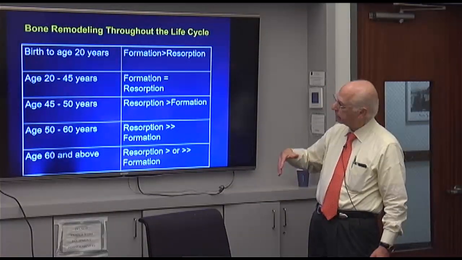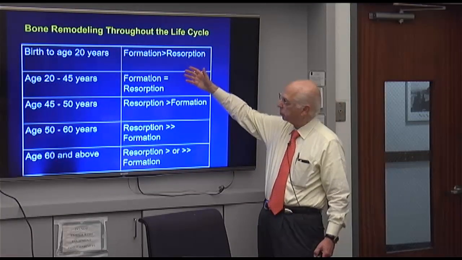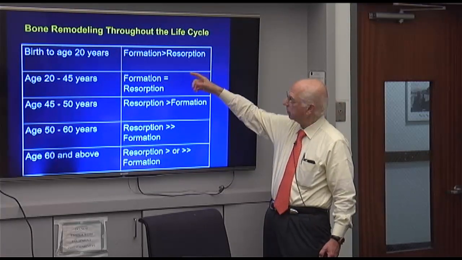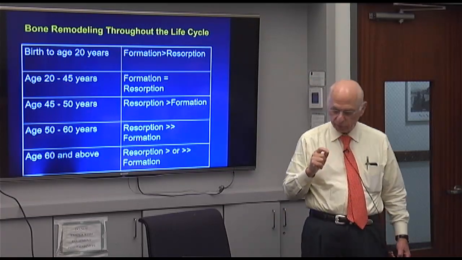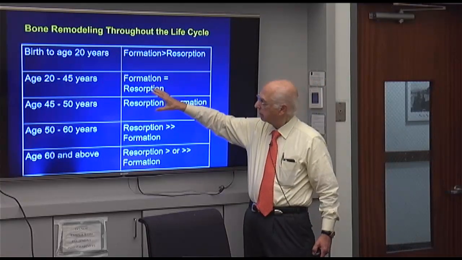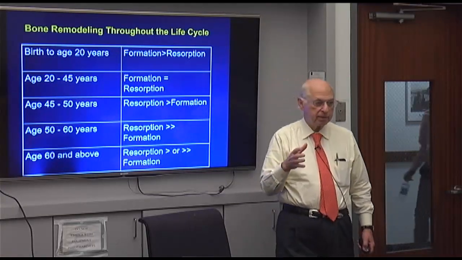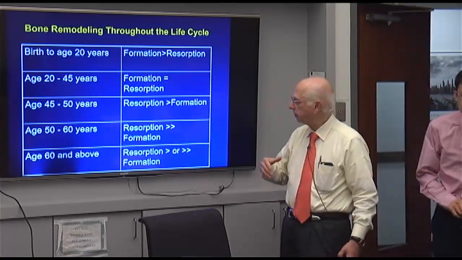So if you look at this table, generally, the young person up to 20 in the formative years of life, bone formation will markedly exceed bone resorption. Where you guys are, you're pretty much balanced. You're normally turning over bone. You're not gaining. You're not losing.